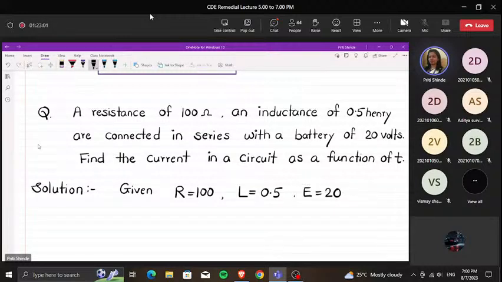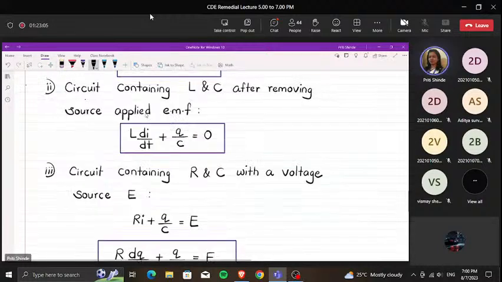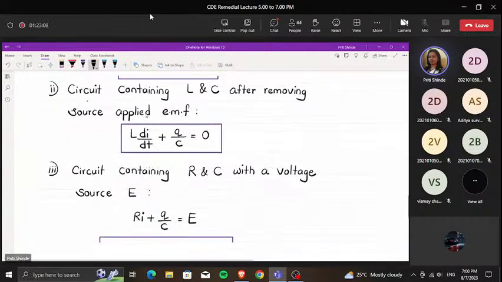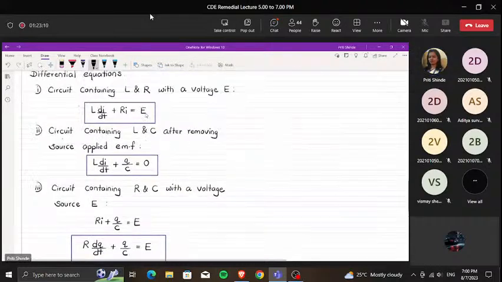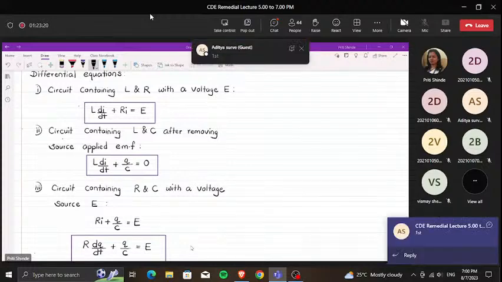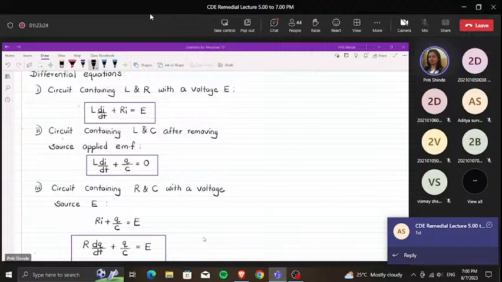So can anyone tell me the suitable differential equation? You know three types of differential equation. You have to select the suitable differential equation and just find out its solution. An LR circuit. Yes, it's an LR circuit, the first circuit.